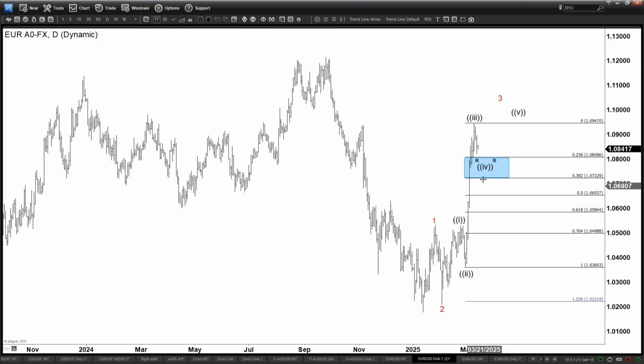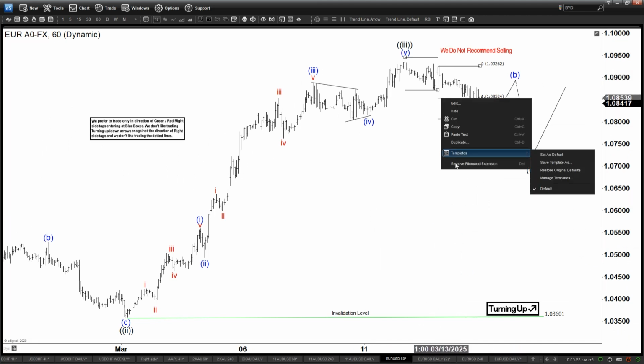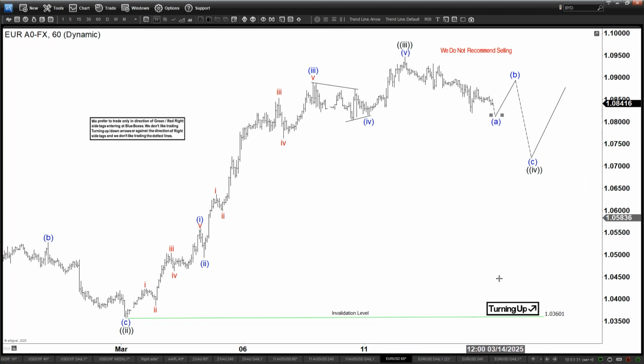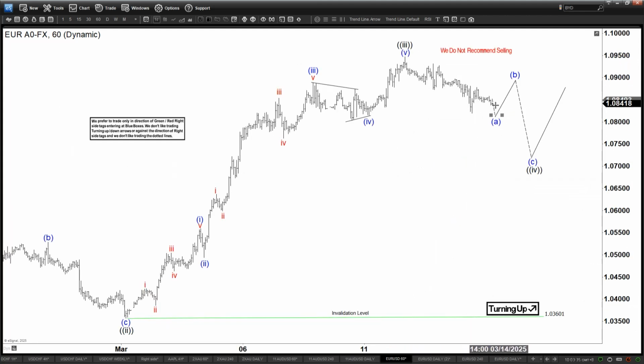That means we can still see a little bit bigger pullback to basically touch this area here. So this is one such possible pullback, looking for 5 waves down, and then a rally, and then another leg down to finish an ABC before we rally higher.